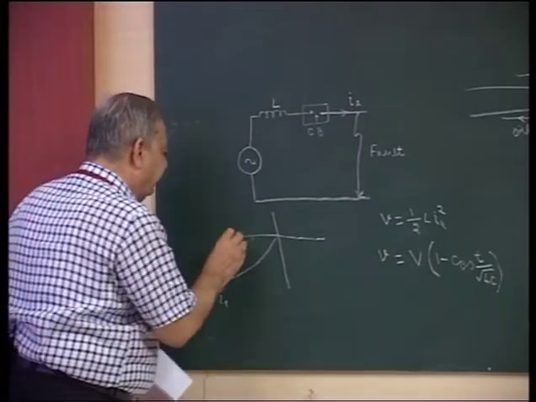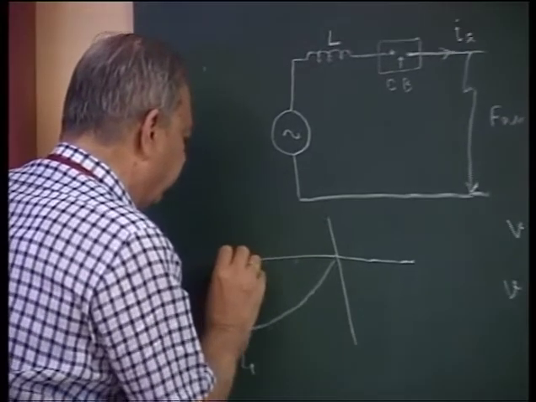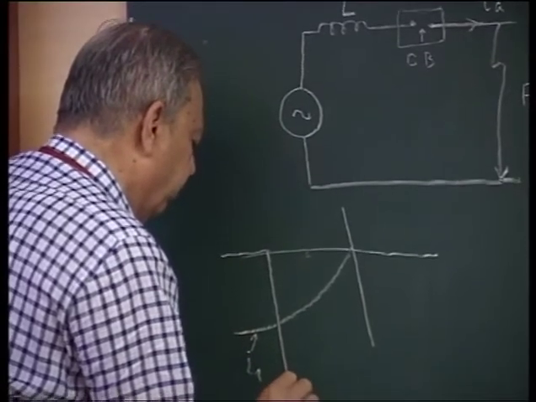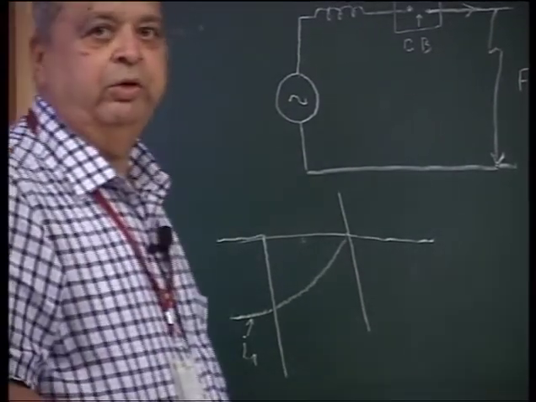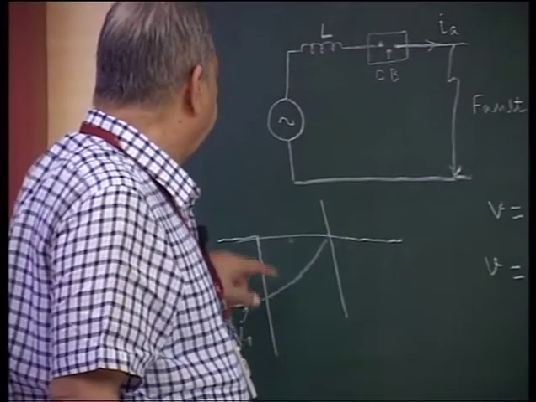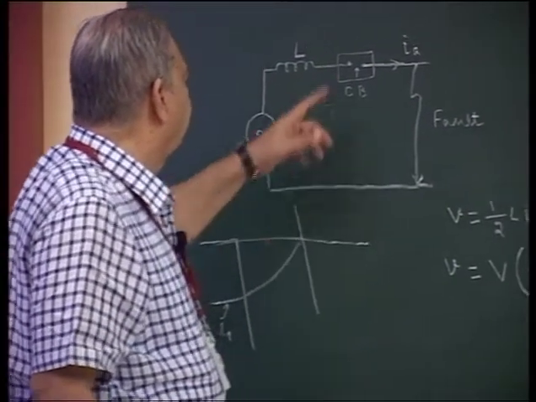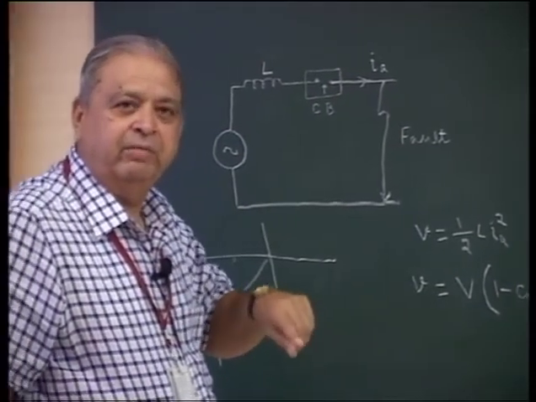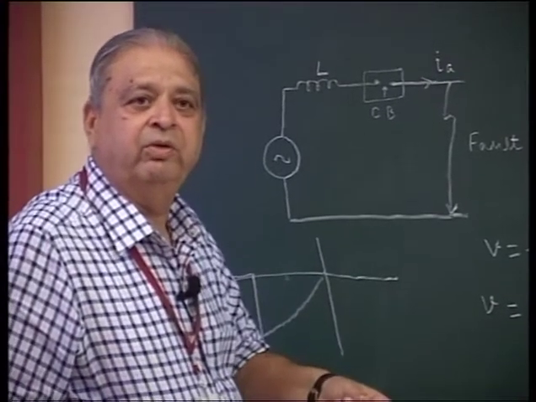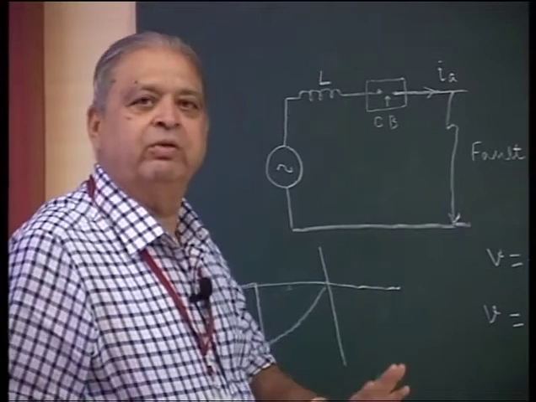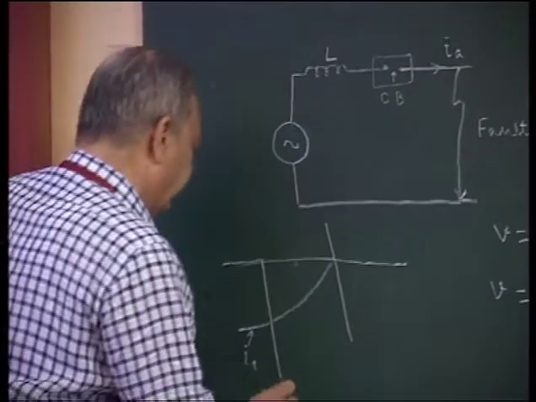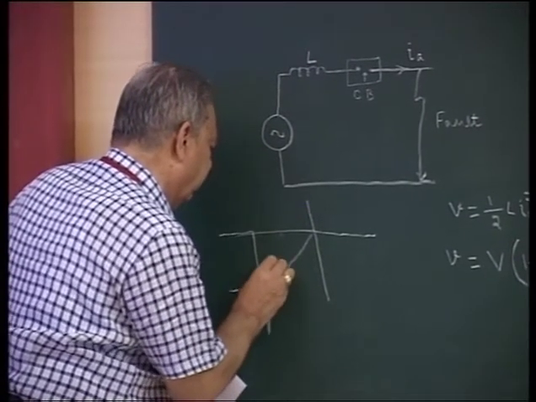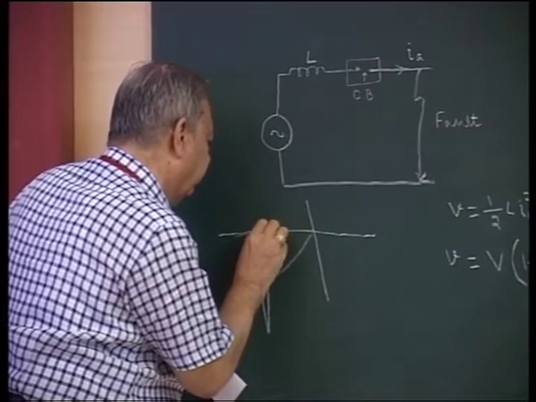So at this instant, the voltage was zero, and now the voltage suddenly rises to a very high value like this, and due to this high voltage, the arc again restrikes. It was broken before natural current zero. Now it will restrike before natural current zero. And when it restrikes, the voltage again goes down to zero.